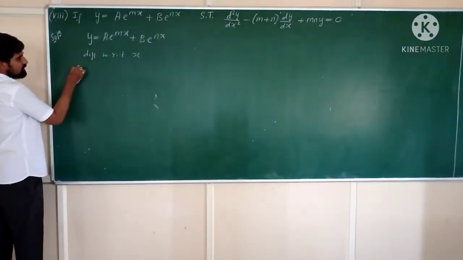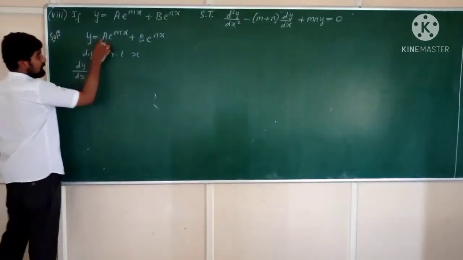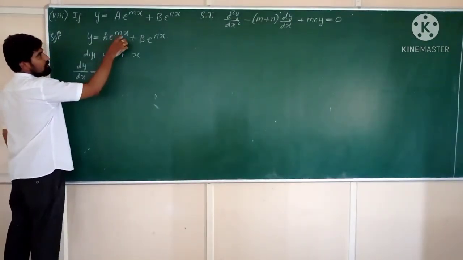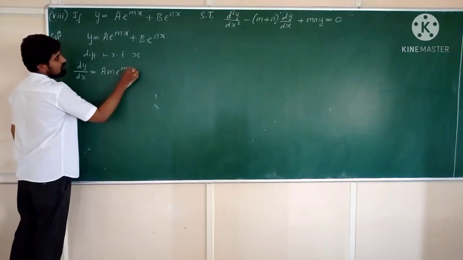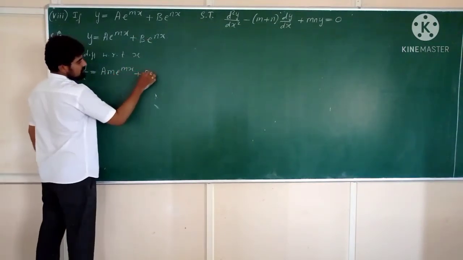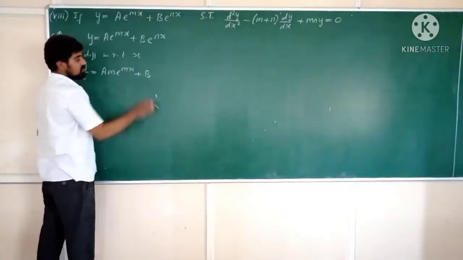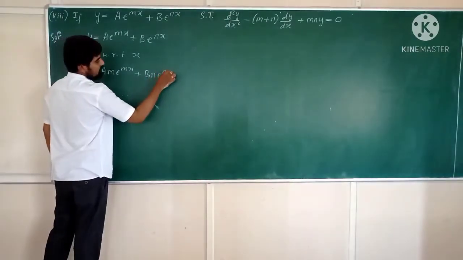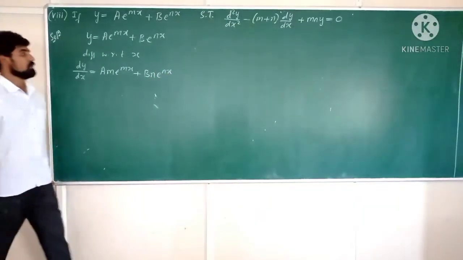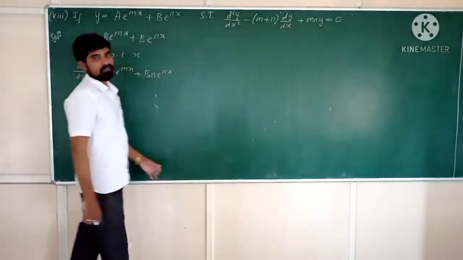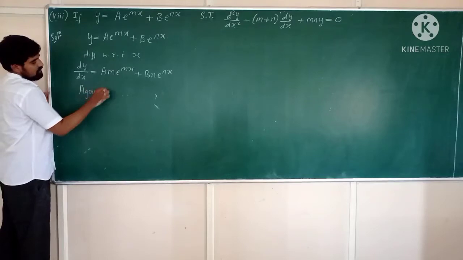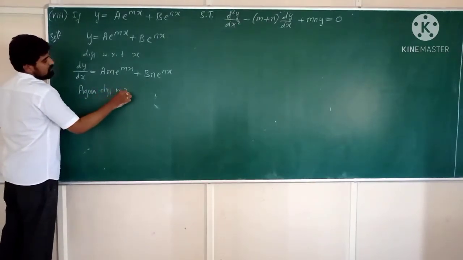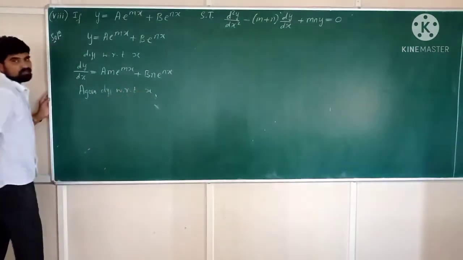The derivative of y with respect to x is dy by dx, which is a as it is, the derivative of e power mx is m into e power mx, plus b as it is, the derivative of e power nx is n into e power nx. Now for the second derivative we need to differentiate again with respect to x.